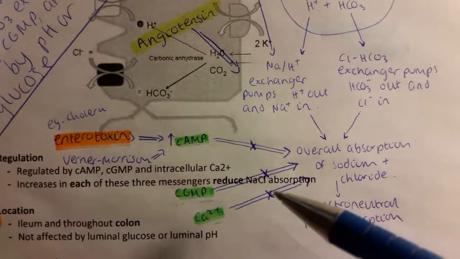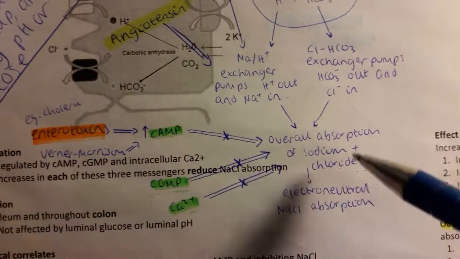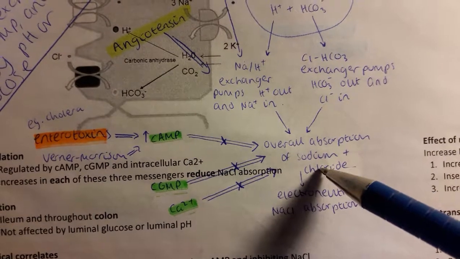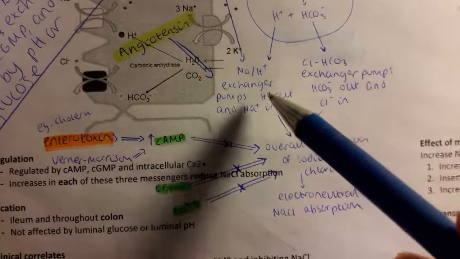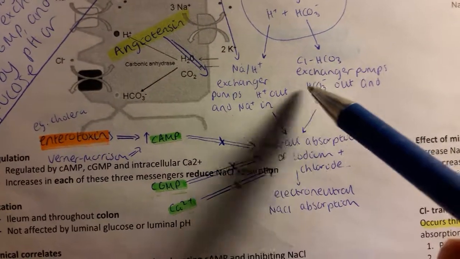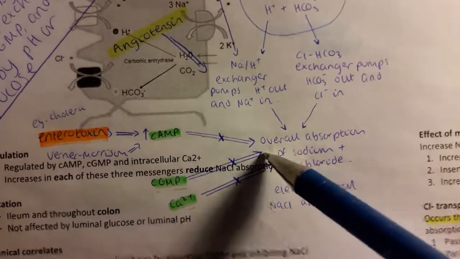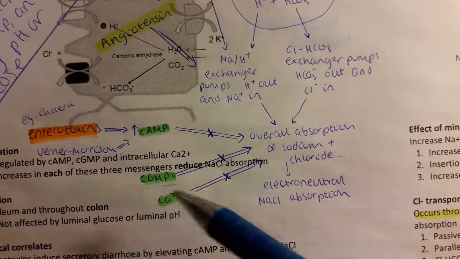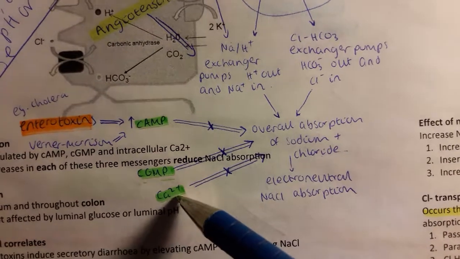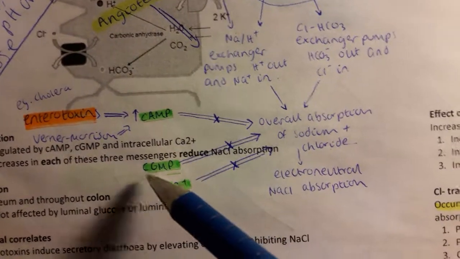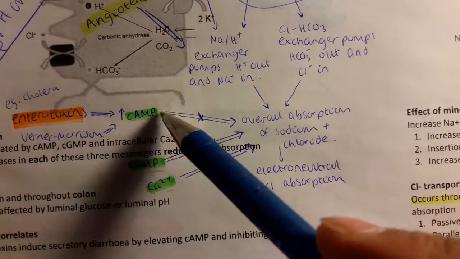Now one thing you'll simply have to memorize is that the absorption of sodium and chloride and pumping out of hydrogen and bicarbonate, therefore, is inhibited by 3 things. It's inhibited by calcium, it's inhibited by cGMP, and it's inhibited by cAMP.